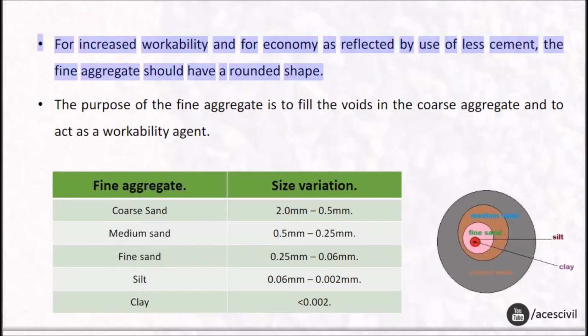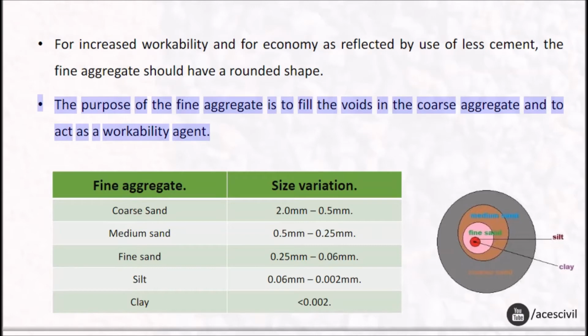For increased workability and for economy, as reflected by use of less cement, the fine aggregate should have a round shape. The purpose of the fine aggregate is to fill the voids in the coarse aggregate and to act as a workability agent.